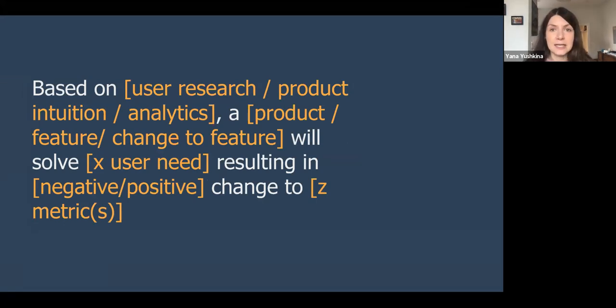And oftentimes, actually, it's some combination of those. Based on that information, we develop an insight into a particular user problem and how to solve it. And we formulate a guess as to what we might change or what product we might develop to solve that user need. And then we bet that it's going to influence some particular metric or set of metrics in a certain direction.